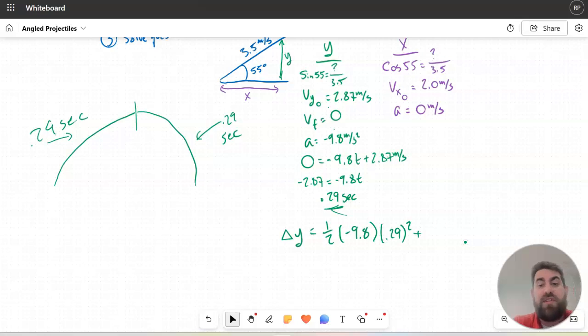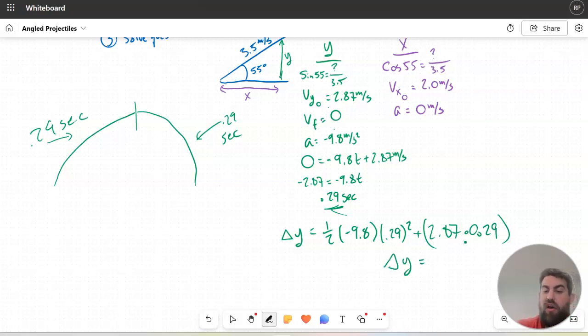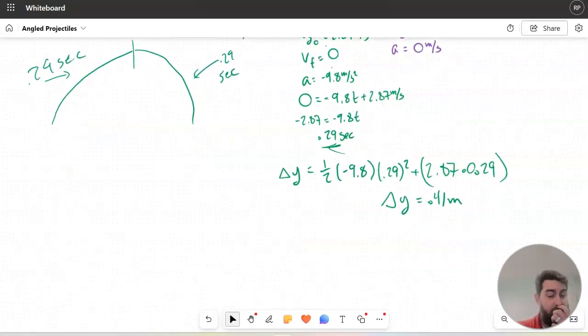Plus, remember, V0 is not 0 like it was in the other one, so we have to include this term. V0 is 2.87 positive times the time, 0.29. Don't forget your parentheses, and if you plug that into your calculator, you're going to get a change in y of 0.41 meters. You can also use the other formula.